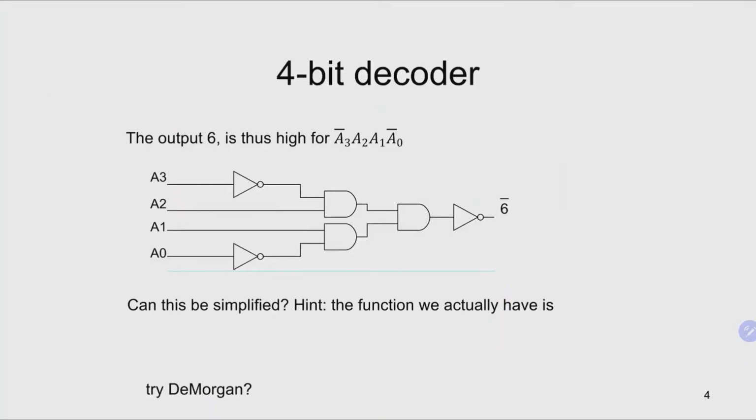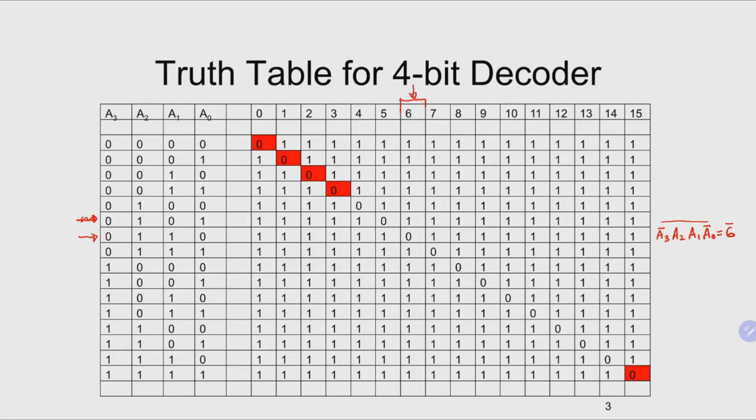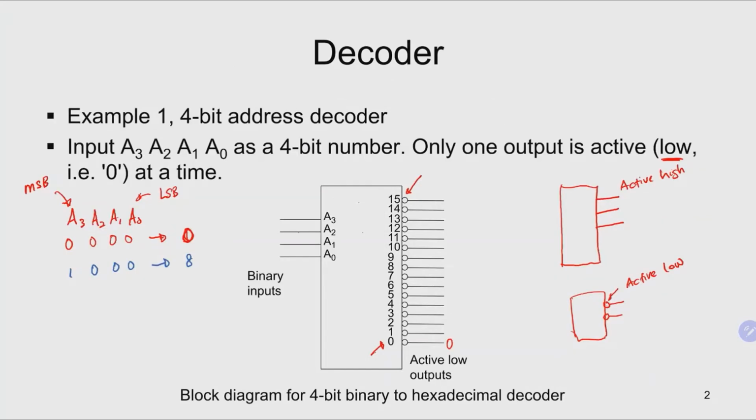If I go back to my decoder, we have seen two examples, one for output 5 and one for output 6. What it tells you is that each of these outputs needs a combinational logic circuit to connect from inputs to the output.